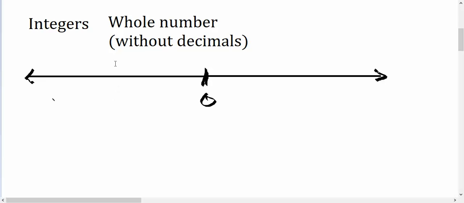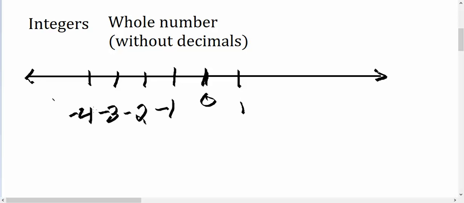And if you think about the number line, we usually notate little notches, and each of these notches here represents an integer. So this can be negative, and this is going to be positive up here.